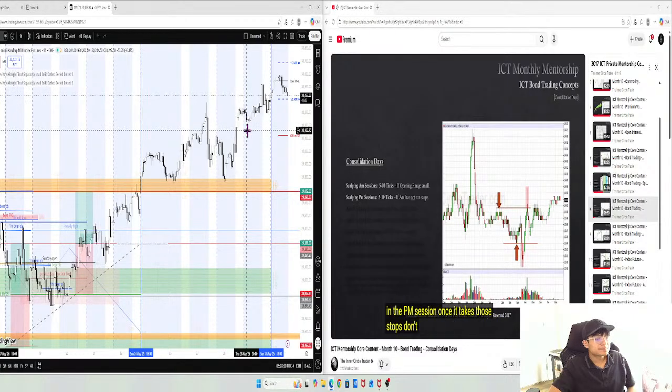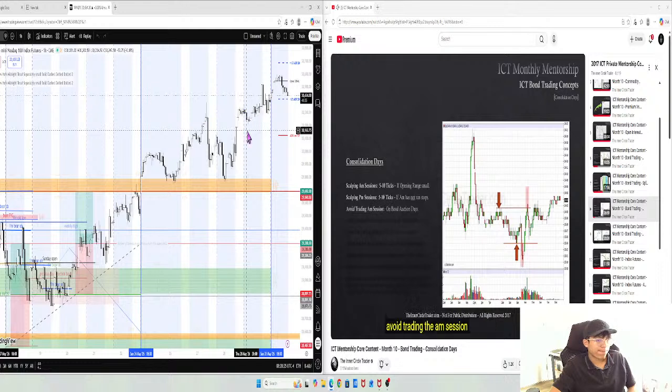Once it takes those stops, don't be greedy. Just run the stops with the professionals, take your profits and move to the sidelines. But the PM session on consolidation days, generally, that's not happening as a general rule of thumb. When we're consolidating or anticipating small ranges, do your trading in the AM session before noon.